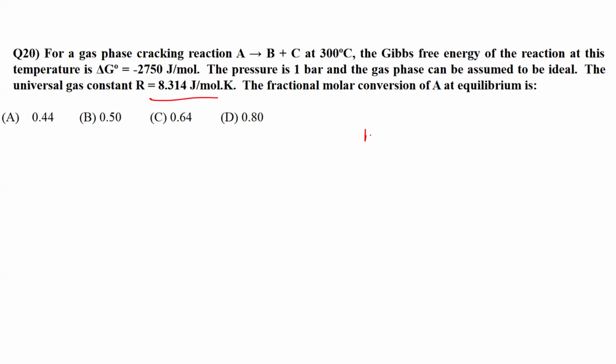So delta G naught is given as minus RT ln K. On substituting everything, we will get K equals 1.78. Okay.